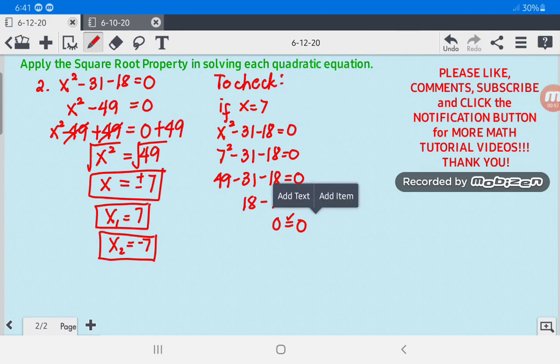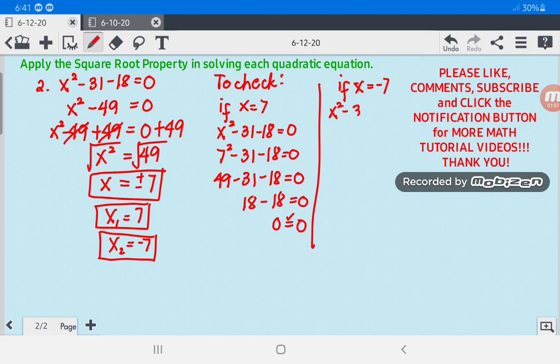Next, for the second value of x, if x is equal to negative 7, again using the original equation, x squared minus 31 minus 18 equals 0. So we have negative 7 squared minus 31 minus 18 equals 0. Negative 7 squared, negative 7 times negative 7, that is 49. Minus 31 minus 18 equals 0.